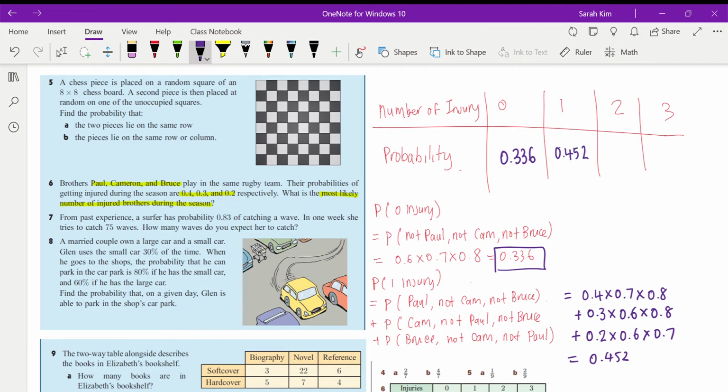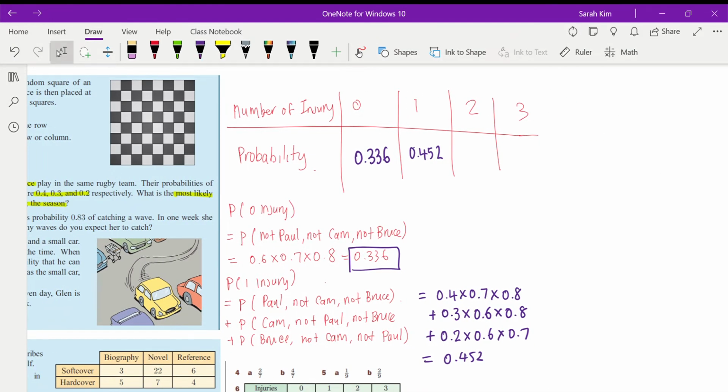Alright, now I've got to do the probability of getting 2 people injured. So that means the probability of Paul and Cam, but not Bruce, plus the probability of Paul and Bruce, but not Cam, plus the probability of Cam and Bruce, not Paul.